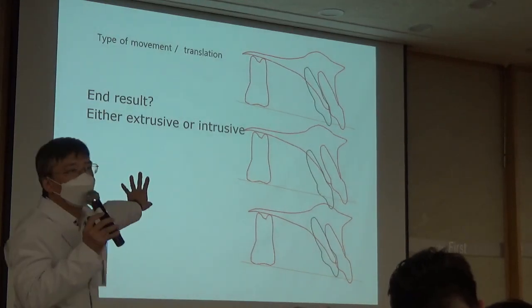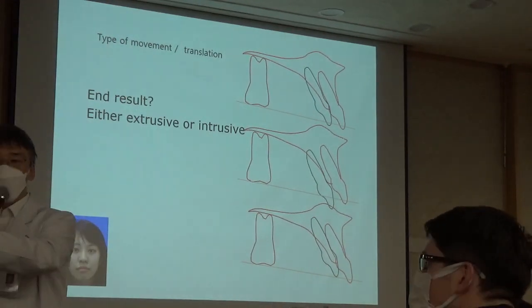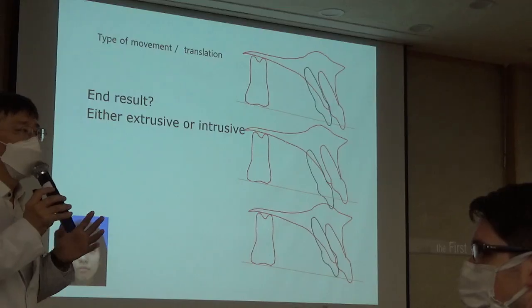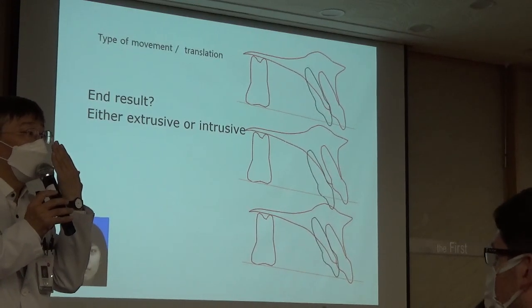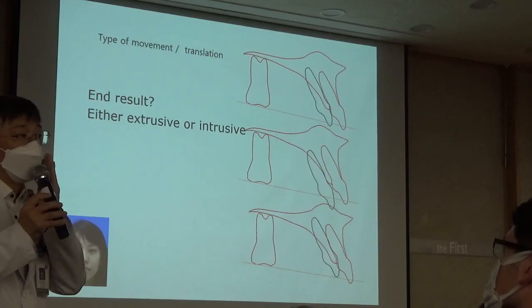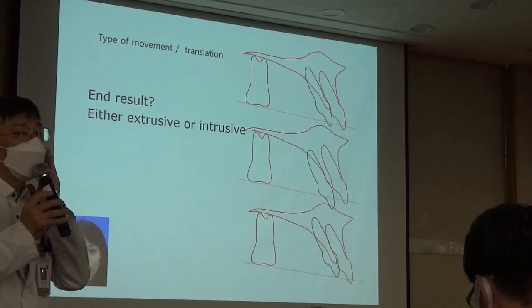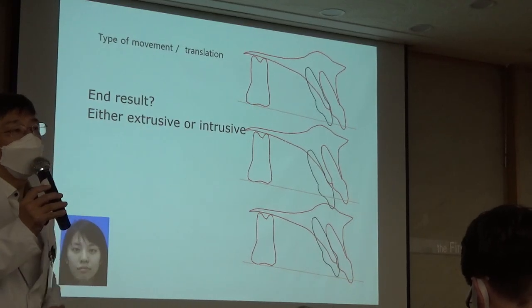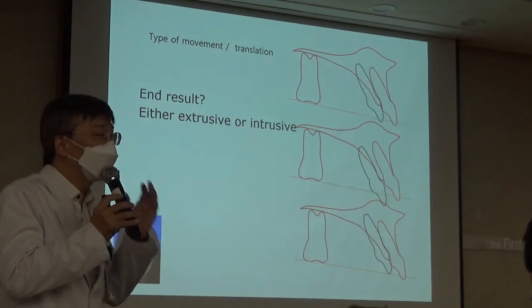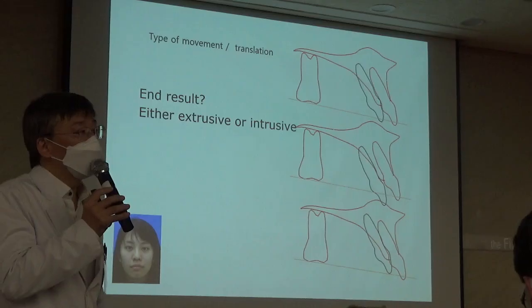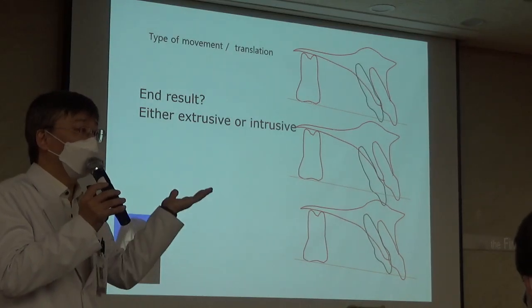So your treatment goal has to be specific. What do you need for this particular case? You'll have to answer. I would need intrusive controlled tipping of the upper incisor. I would need distalization of the upper left segment by 2 or 3 millimeters or something like that. Translation. I would need root movement of the first molar forward or something like that.